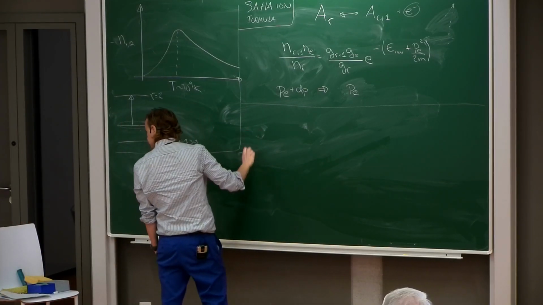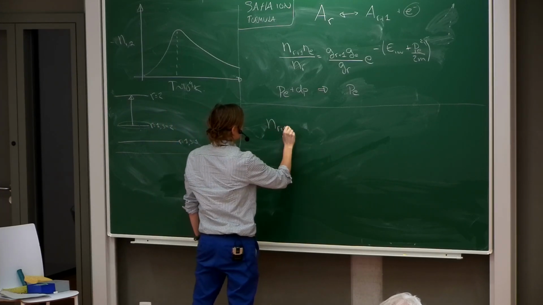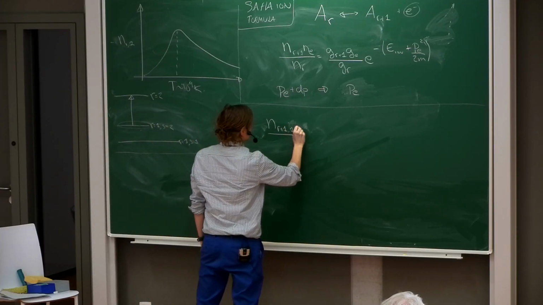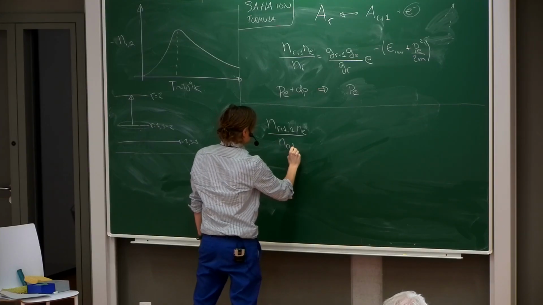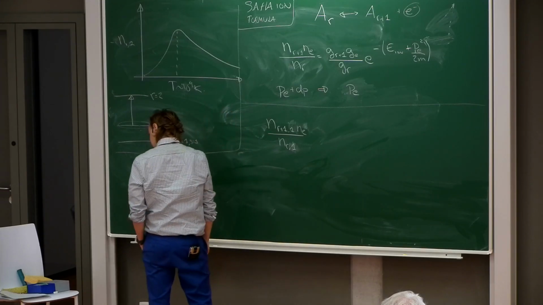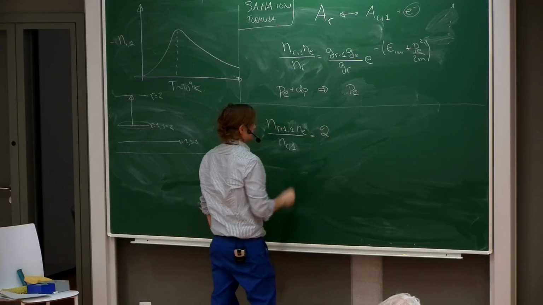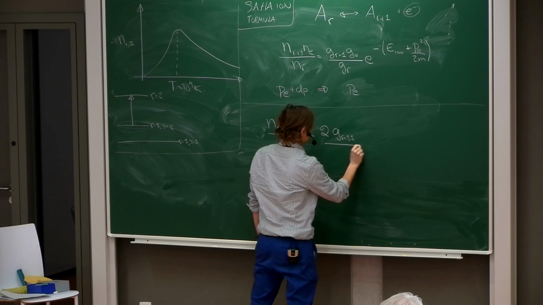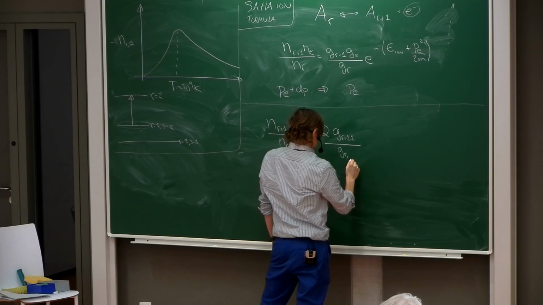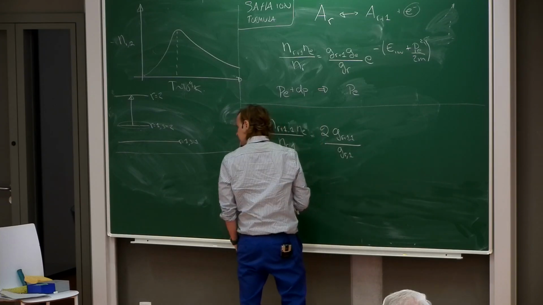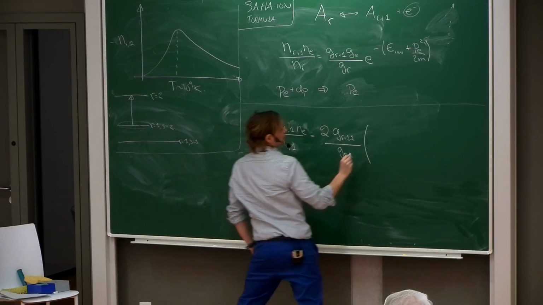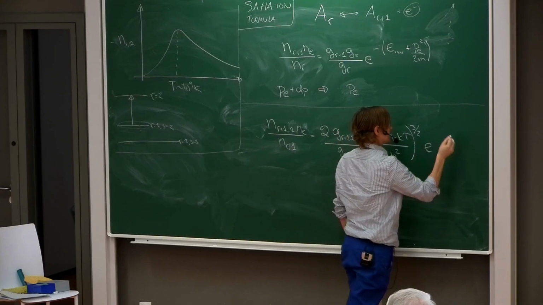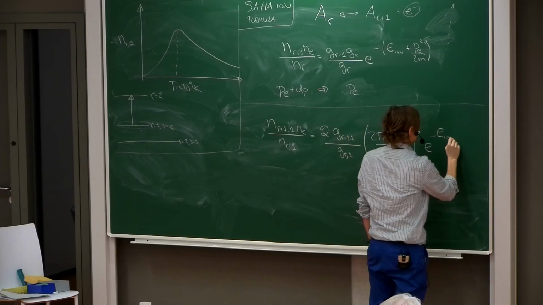The resulting distribution for n_{r+1} N_e divided by n_r, in the ground state now, is going to be 2, that's the degeneracy of the electron in the ground state, and then g_{r+1,1}, the degeneracy of the atom, divided by g_{r,1}, and then we have this factor here, (2π m_e kT / h²)^{3/2}, and then e to the minus E_ionization divided by kT.